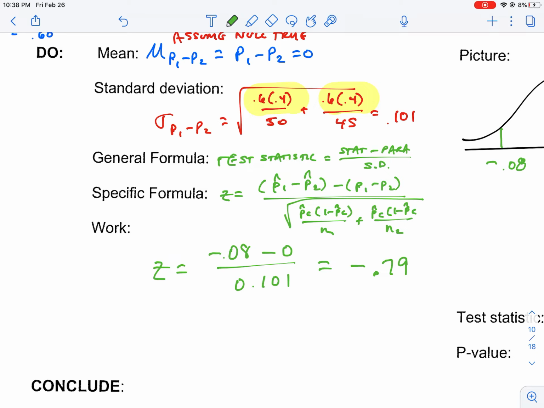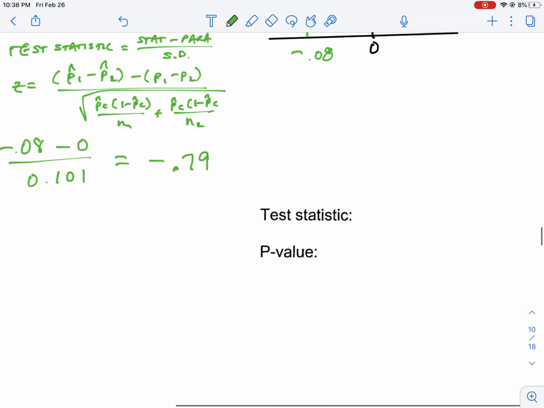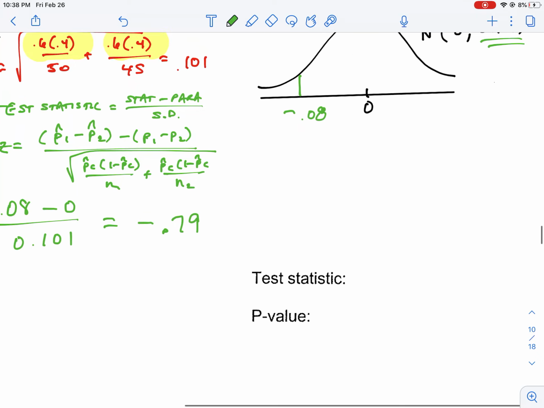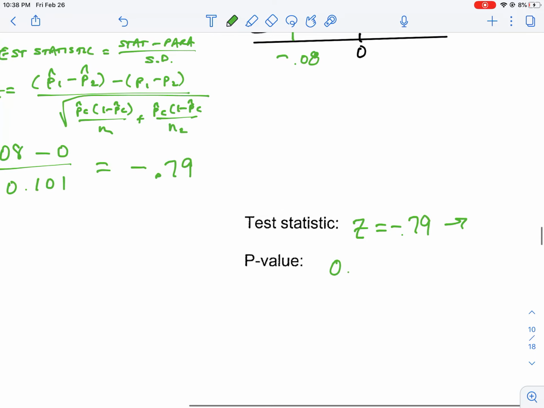And especially considering our alpha level of 0.05 or 5%, we know that we don't get down to the 5% range until we get like 2 something standard deviations below, and we're less than 1. So when we check out our table A, we realize that our z-score of negative 0.79 gives us a probability, when you look that up, a p-value of 0.2148.